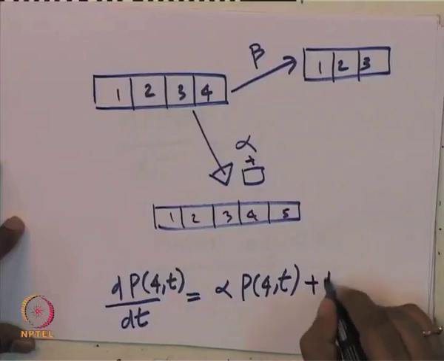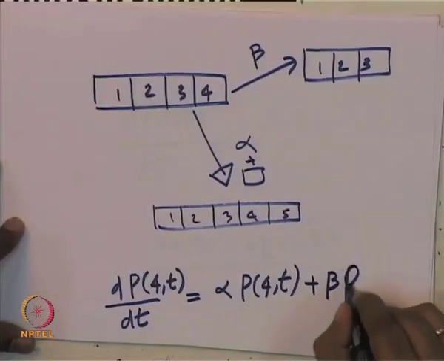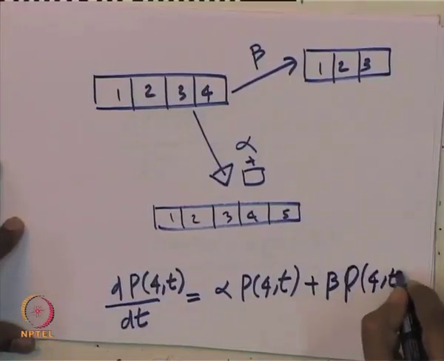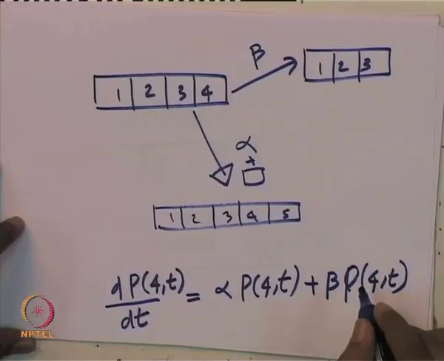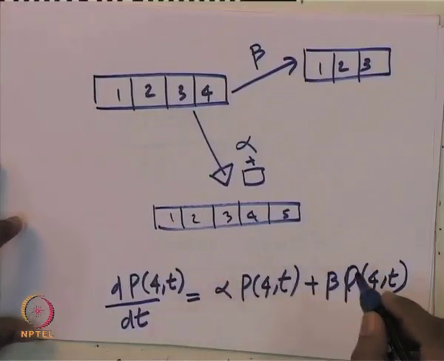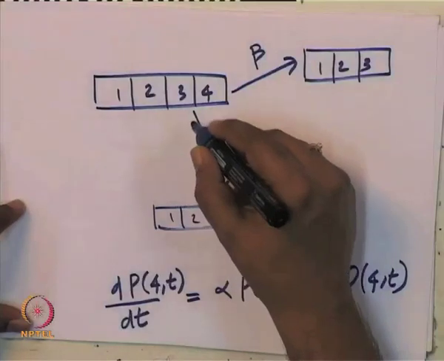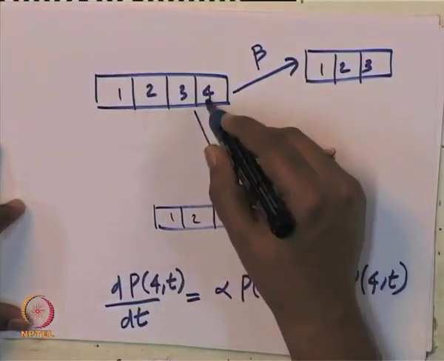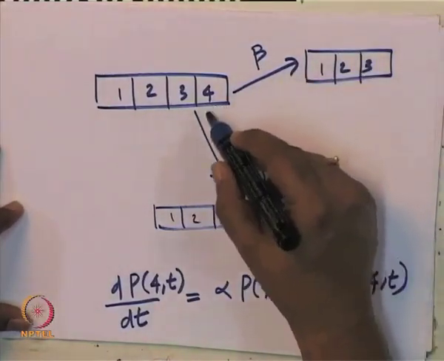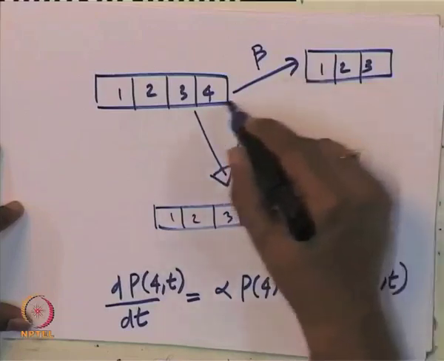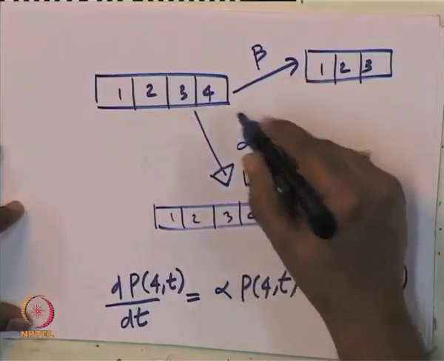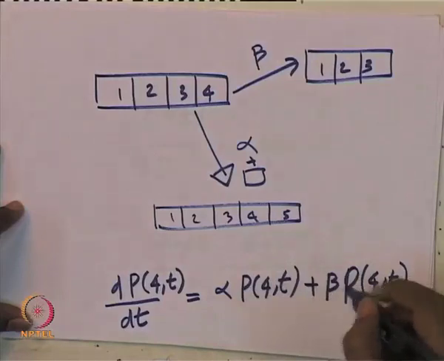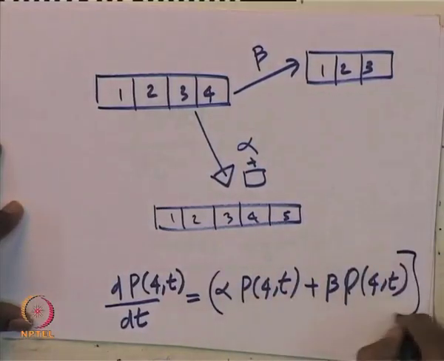With beta also the probability changes. But in both the cases, the probability decreases, because it is going away from this 4. It is going to 5 here, so the p4t decreases. So, I have to put a minus sign here.